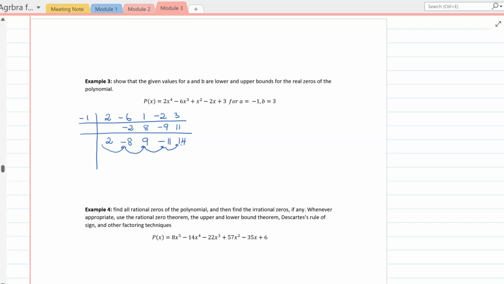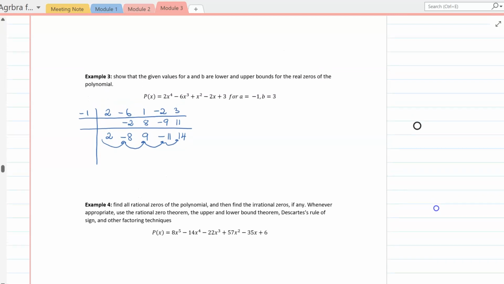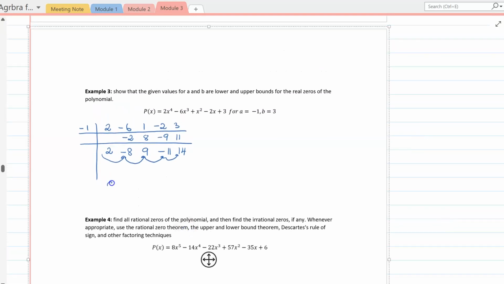So since we have alternating signs, a is the lower bound of P of x.